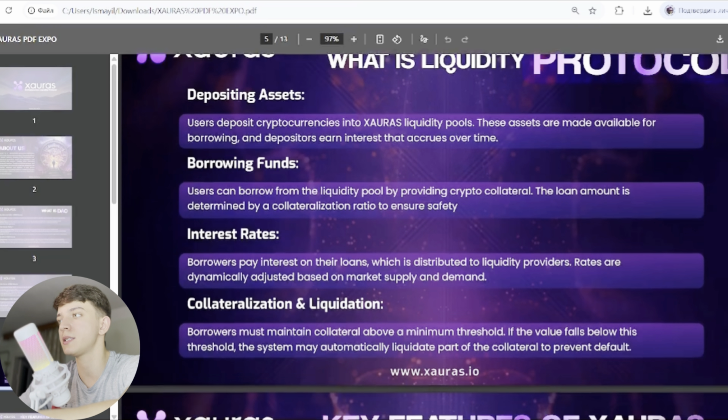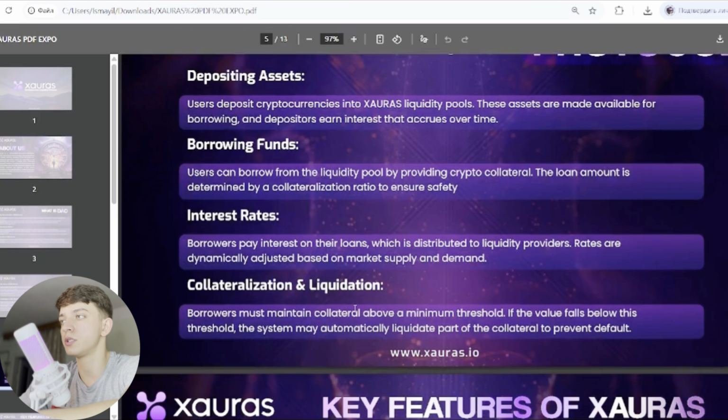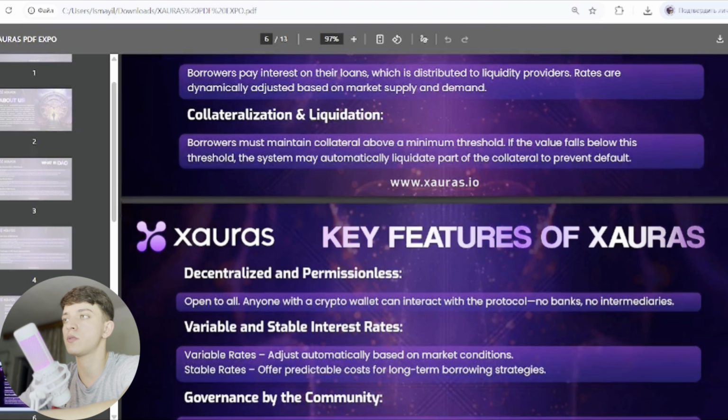Interest rates and collateralization, liquidation: borrowers must maintain collateral above a minimum threshold, and if the value falls below this threshold, the system may automatically liquidate part of the collateral to prevent default. So this was all the info and explanation of what it is all about.